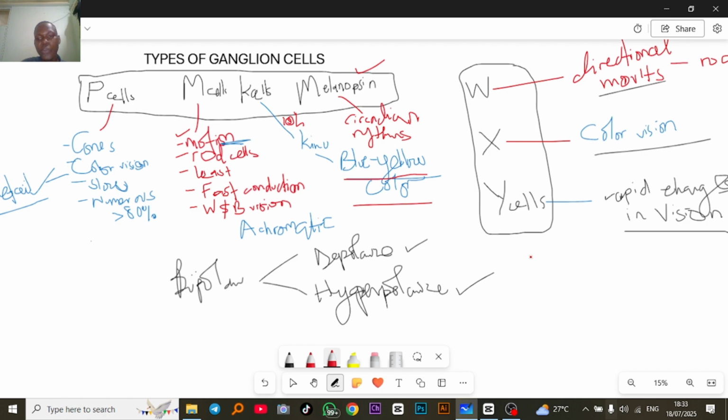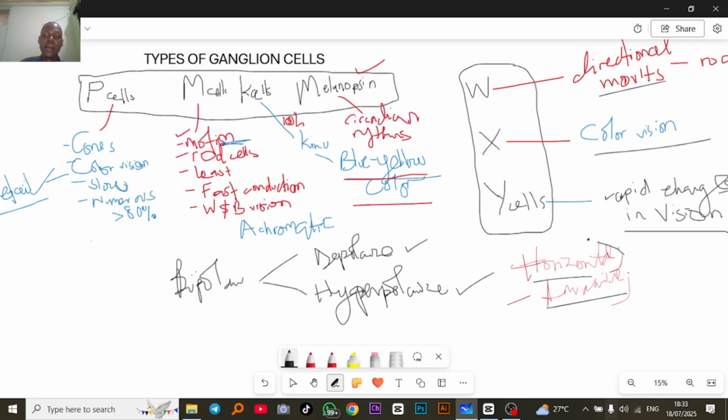Not forgetting that we have these two other cells, which are the horizontal and the amacrine cells. These play a big role in the enhancement of contrast. So I believe, having made it to medical school, you must have covered something about horizontal and amacrine cells.